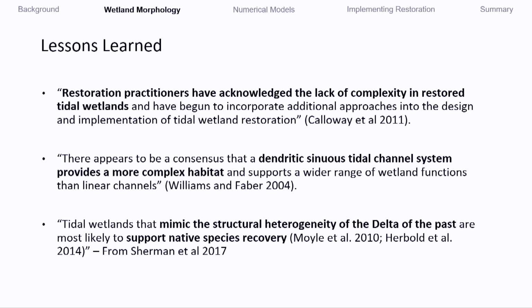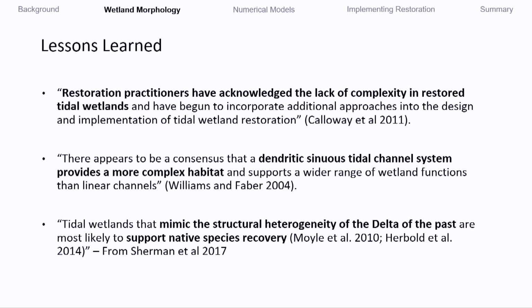All right, so as I've alluded to, over the course of time, there have been some lessons learned. One is that restoration practitioners have acknowledged that the lack of complexity constrains the ultimate output of wetlands to some degree. There's been a consensus that dendritic tidal systems provide more complex habitat and may better support wetland functions.